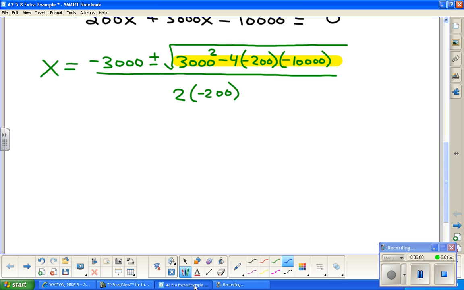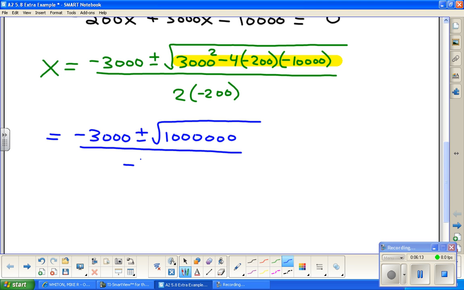So let's continue our simplification. Still negative 3,000 plus and minus the square root of, we know that unhighlighted stuff is 1 million. My denominator, if I multiply that out, is negative 400. Now the square root of 1 million.